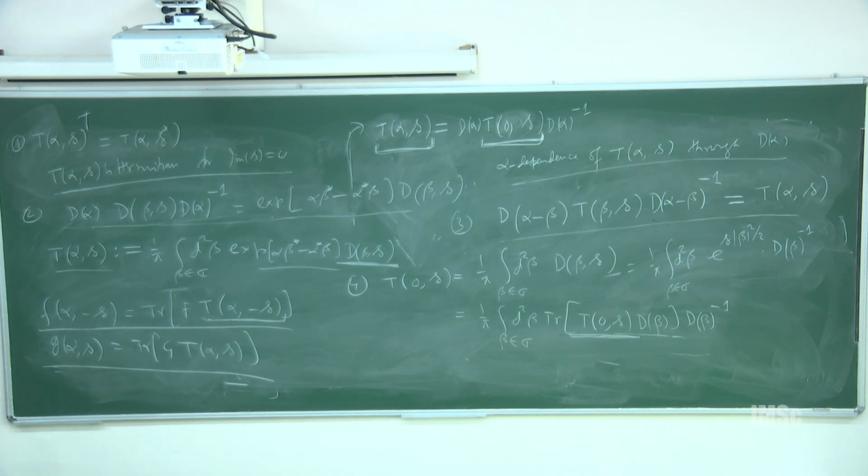Yes, exactly. For s equal to 0, you will get the original displacement operator. For D of alpha, s equal to 0 is D of alpha. And what about bra alpha ket beta?